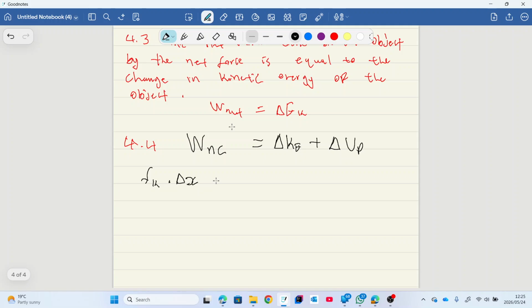Change in x is the displacement over which the force is applied, and then also multiplied by the direction, so the cosine of 180 degrees. Why? Because the kinetic frictional force always acts opposite to the direction of motion.